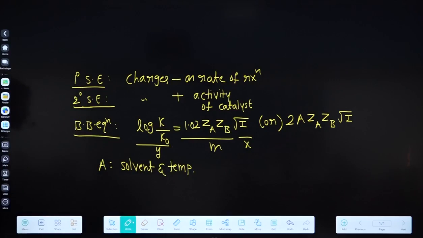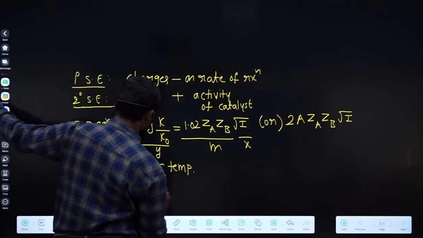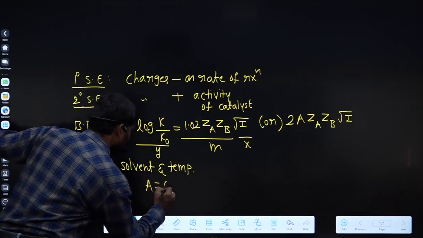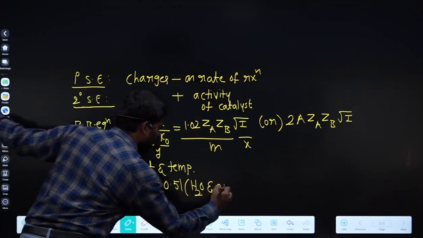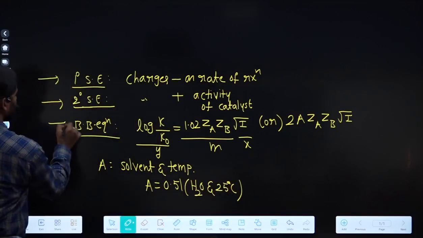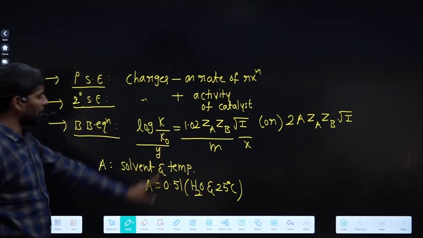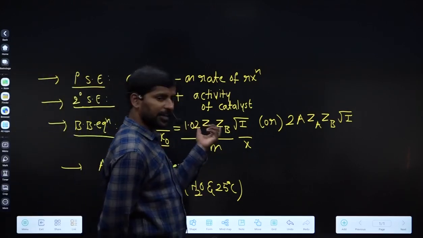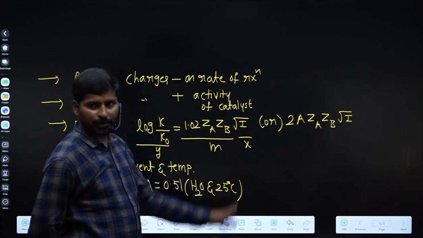If you take specifically the solvent water and temperature 25 degrees centigrade, the A value is 0.51. So the slope you remember is 1.02 ZA ZB. Based on this plot, repeatedly they are giving questions.